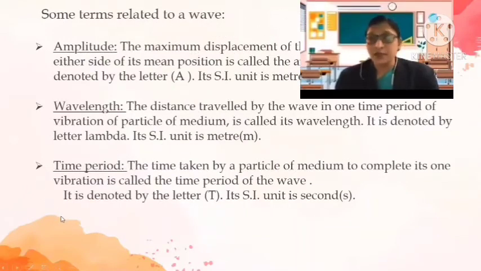Next is time period. The time period is the time taken by a particle of the medium to complete one vibration. This is called the time period of the wave. It is denoted by the capital letter T. Its SI unit is second.